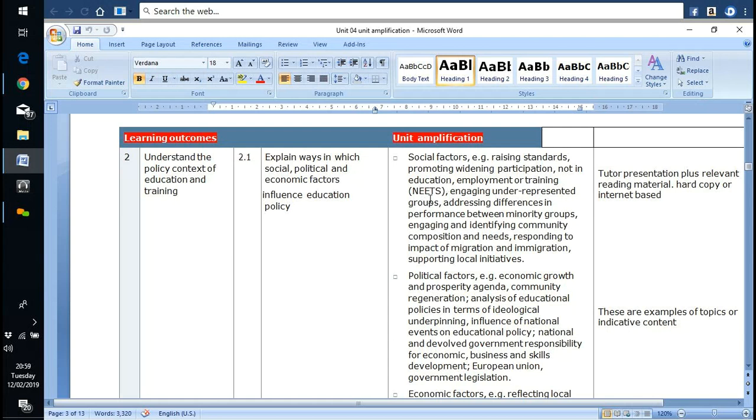We always call it the NEET group, not in education or training. They were specifically funded a different way so that we could draw them in.